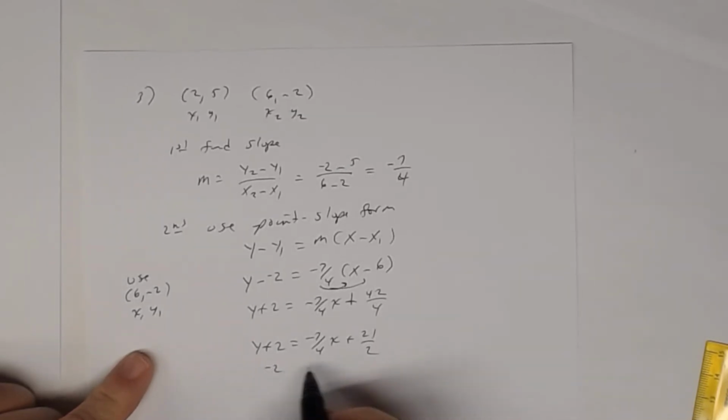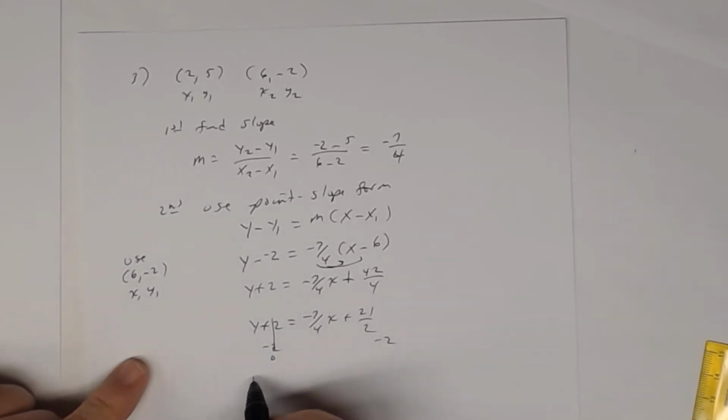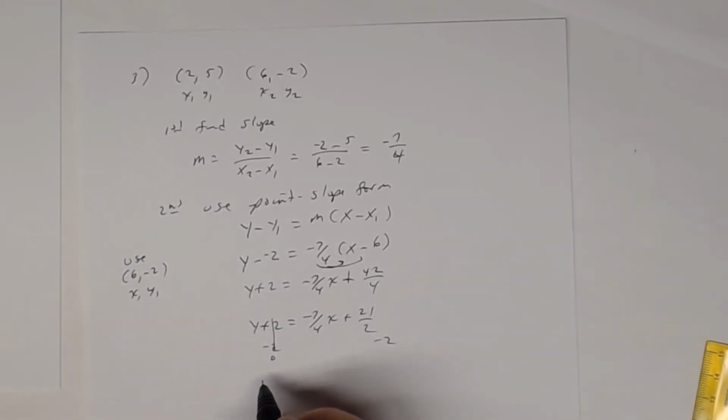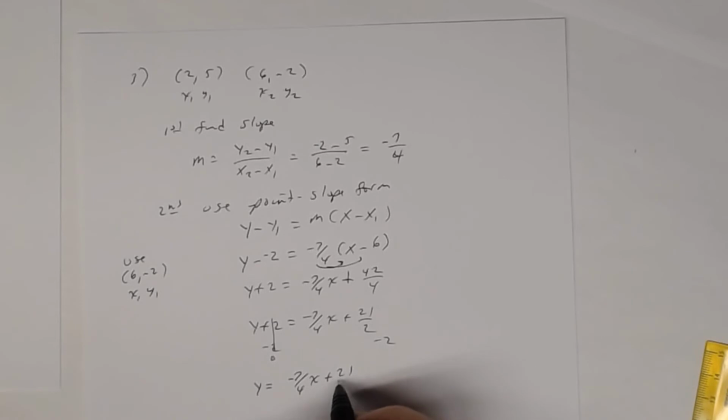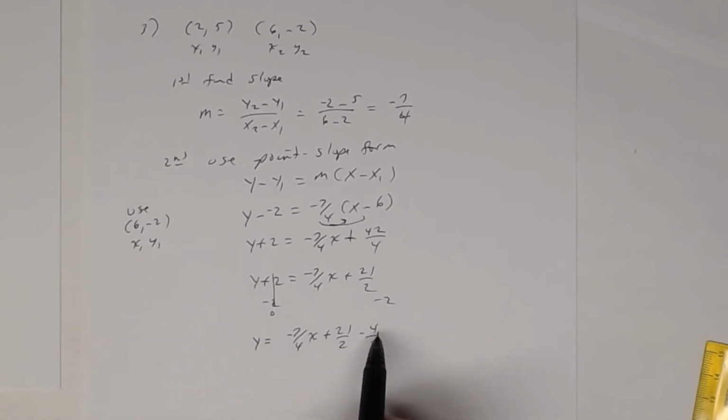And then we're going to subtract 2 from both sides to get y by itself. When I combine like terms, I get y equals negative 7/4 x plus 21 halves, and then subtract 2, which I can write as negative 4 halves. So the LCD is 2, and the equivalent fraction for negative 2 is negative 4 halves.